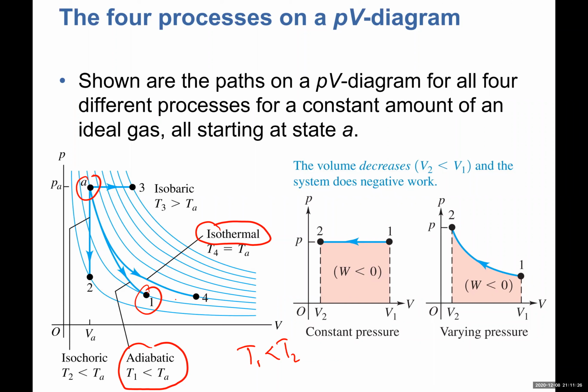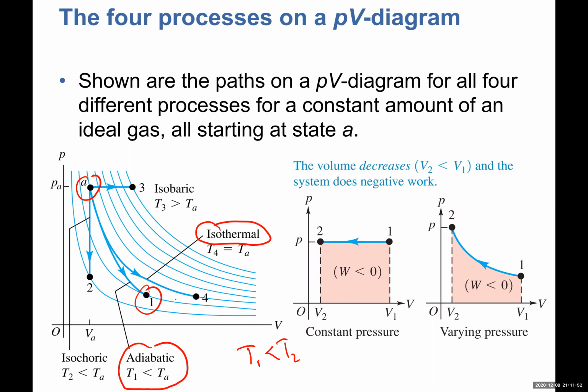You always change your temperature with an adiabatic. And you not only change your temperature, but going from A to 1, you also change your volume and your pressure. So that process is adiabatic, where volume, pressure, and temperature are changed.